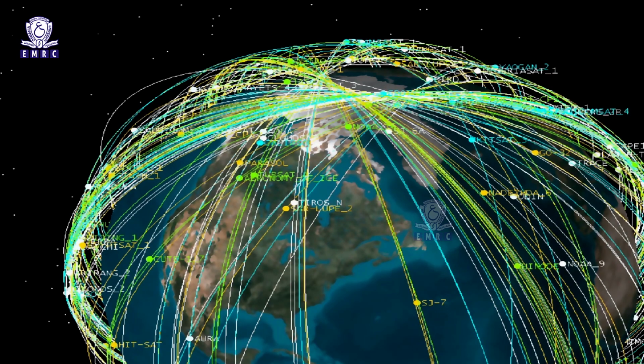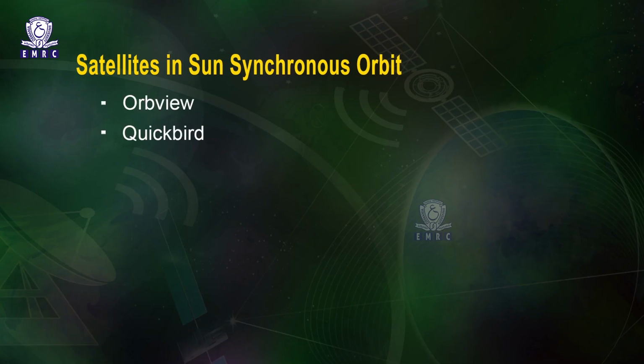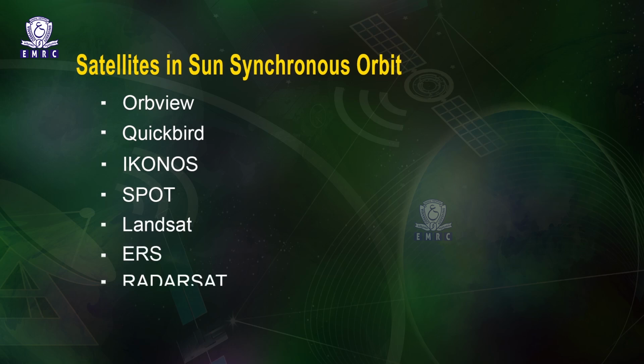Satellites in this orbit are often placed at low altitude so that they provide complete coverage of Earth's surface at least once per day. Remote sensing and meteorological satellites are placed in sun synchronous orbits. OrbView, QuickBird, IKONOS, SPOT, Landsat, ERS, RadarSat, etc. are examples of satellites orbiting in sun synchronous orbit.